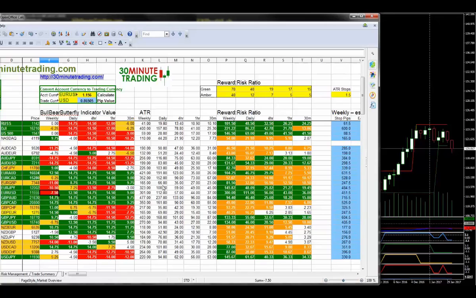Okay, so now you can see the readings we've got across here. On the weekly we are bear. We're quite clearly in a bearish move. But from a daily point of view, we're bull. So it's saying that we've got a daily pullback within a bear trend. And we've now got a bear trend on the 4 hour, the 1 hour, and the 30-minute.